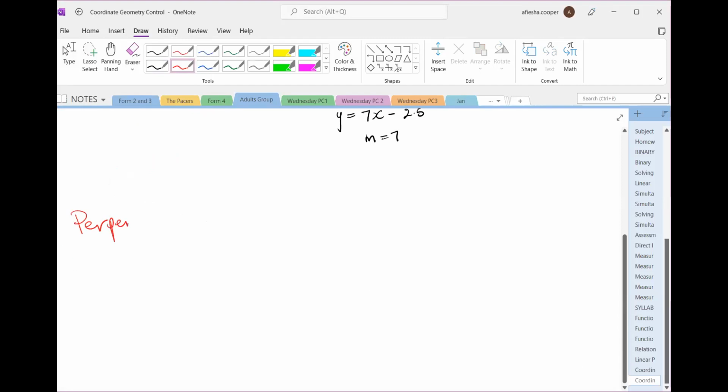So perpendicular lines are lines that look like this. It doesn't have to be slanted like this, but one is standing on the other one. They intersect at some point, right? They will form 90 degrees.